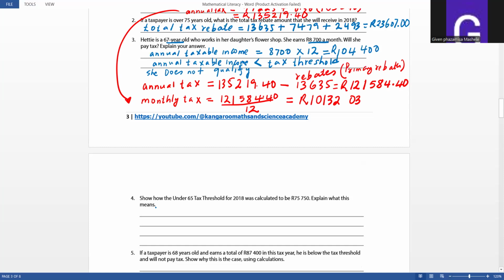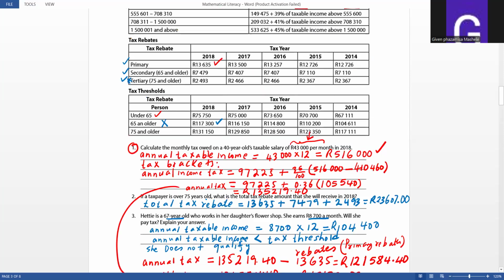So according to this, we need to show how the under 65 tax threshold was actually calculated. This one of 75,750.